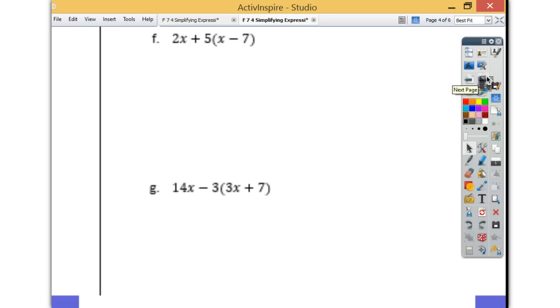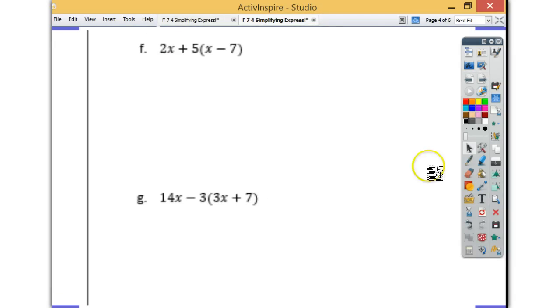Letter F. Bring down my 2x, because that's not being distributed. I'm using the term positive 5 times x, or 1x, gives me a positive 5x.